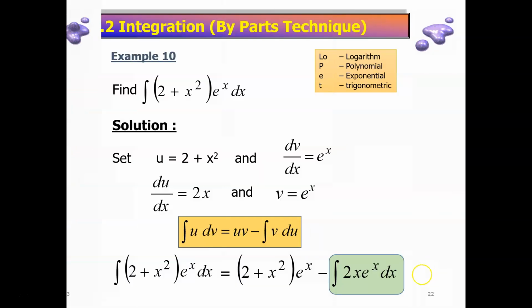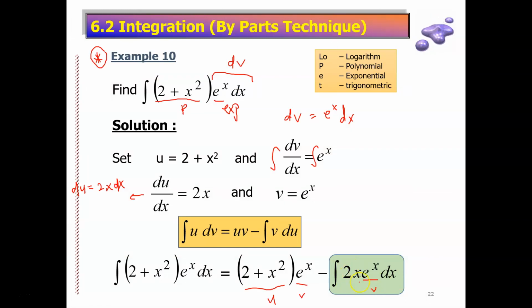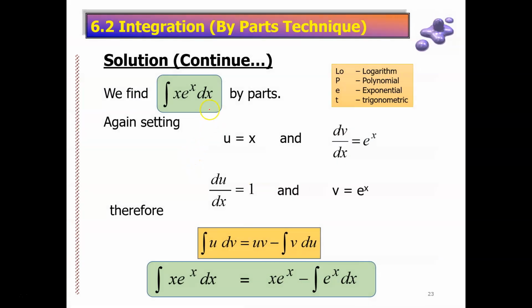So you don't have to include 2 because 2 is constant. We just write it as integration of x exponent x dx. Okay, so we have this. Again, you choose which one you're going to choose as your u. Of course, the x one because x is polynomial. So the rest will become your dv.